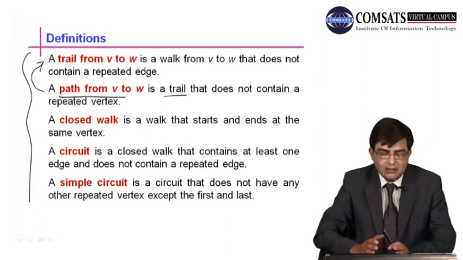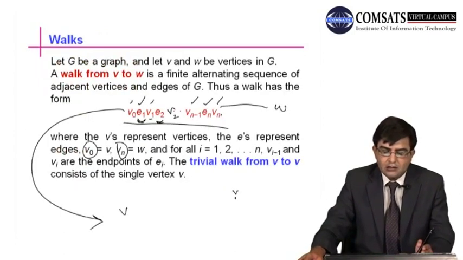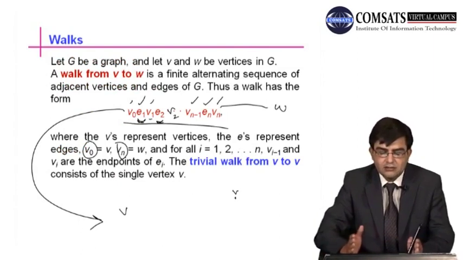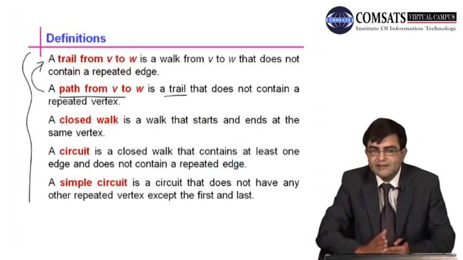It doesn't have to be a path or a trial, but in the second definition a path must be a trial first, and then we shall see whether it is a path or not. A walk is an alternating sequence that may start and end at two different vertices, but a closed walk is a walk which starts and ends at the same vertex.